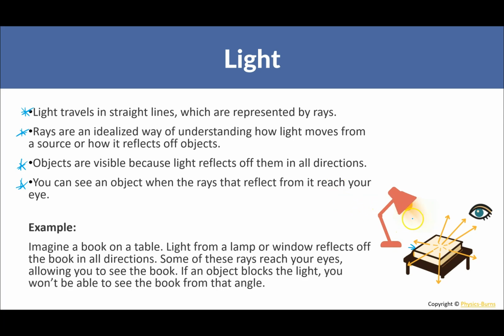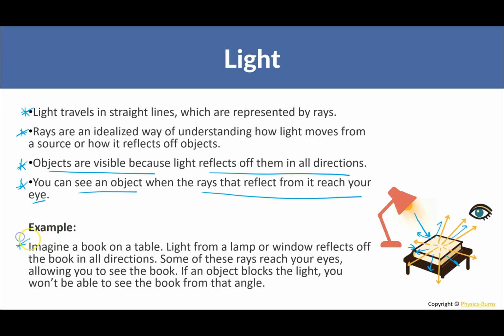A ray of light is going to hit this book, and once it hits the book, it's going to bounce off in all directions. Then if somebody is looking at it, when it bounces off, you're going to notice, oh, there's a book there. So objects are visible because light reflects off of them in all directions. You can see an object when rays that reflect from it reach your eye.